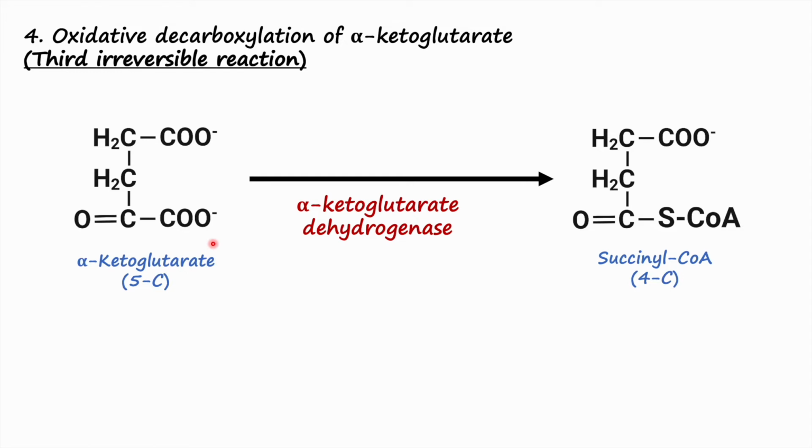This reaction also expels a carboxyl group as carbon dioxide, and therefore you see that alpha-ketoglutarate, which has 5 carbon atoms, when converted into succinyl coenzyme A, now has 4 carbon atoms. One important thing to remember is that the mechanism of this oxidative decarboxylation reaction is very similar to that used for the conversion of pyruvate to acetyl coenzyme A by the PDH complex.